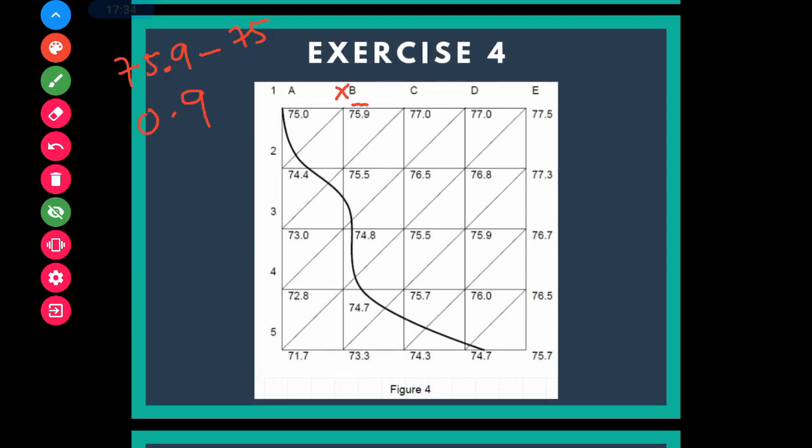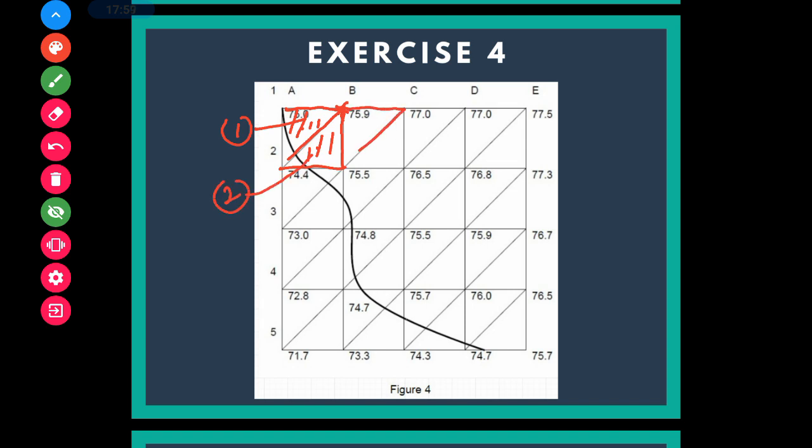This is your B1. You need to count the number of triangles that touch this point. First you will have this triangle, number 1. Then you have this triangle, 2, and another triangle, 3.